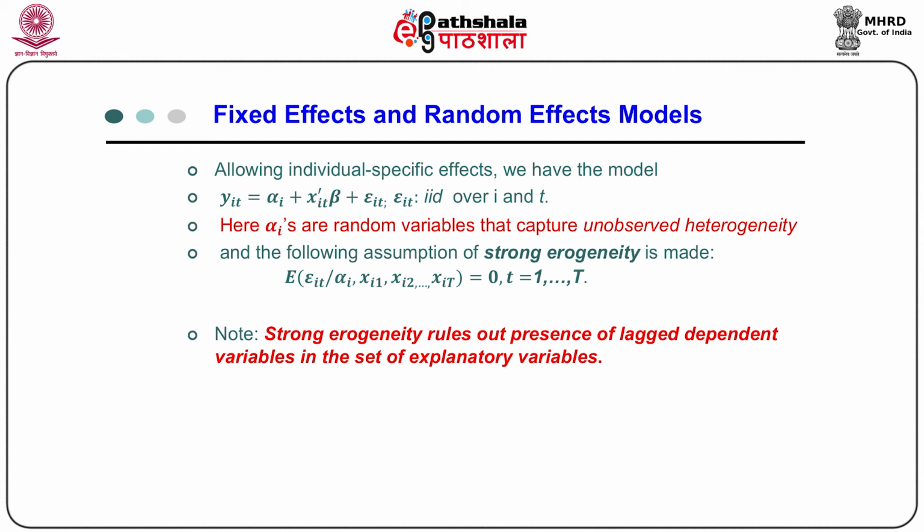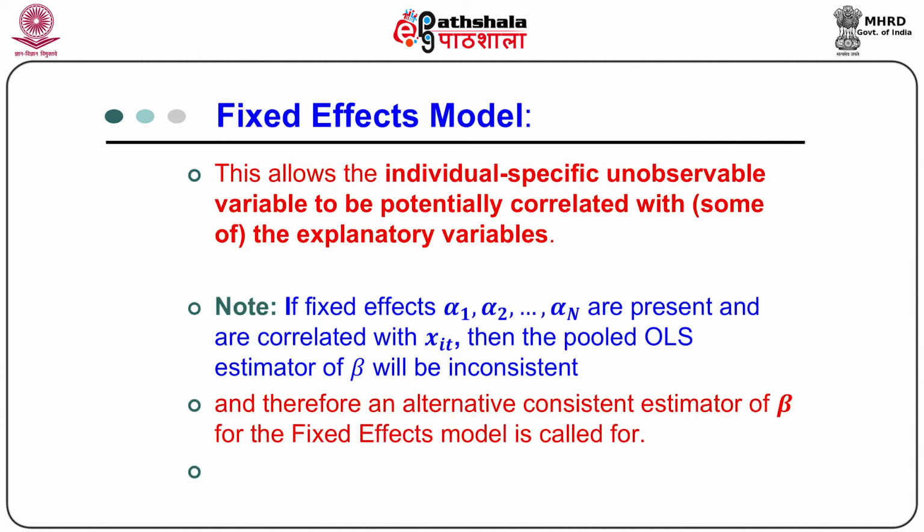Note that strong exogeneity rules out the presence of lagged dependent variables in the set of explanatory variables. So, by the assumption of strong exogeneity, we rule out the existence of lagged dependent variables from the set of explanatory variables.